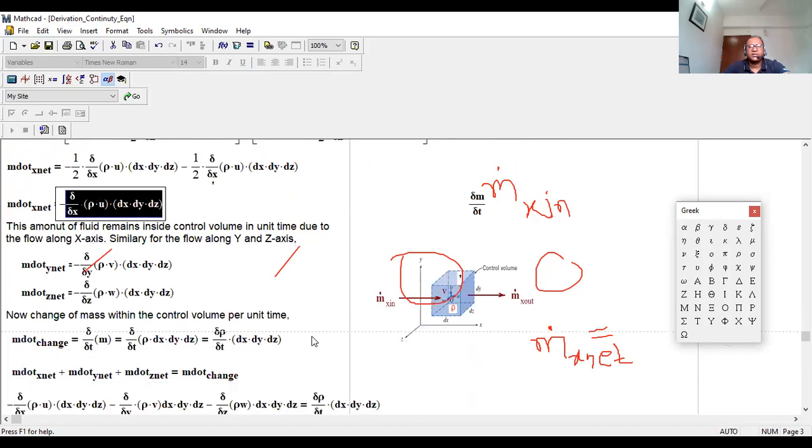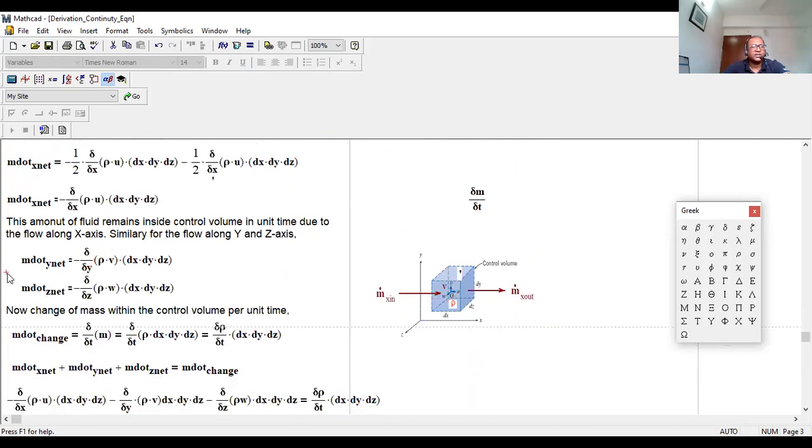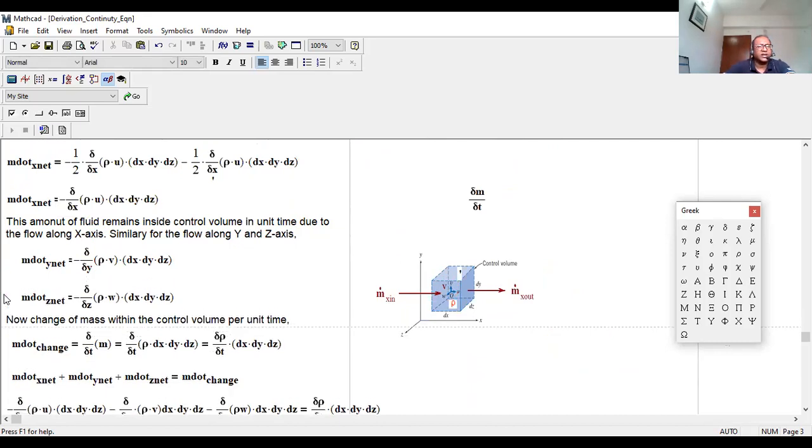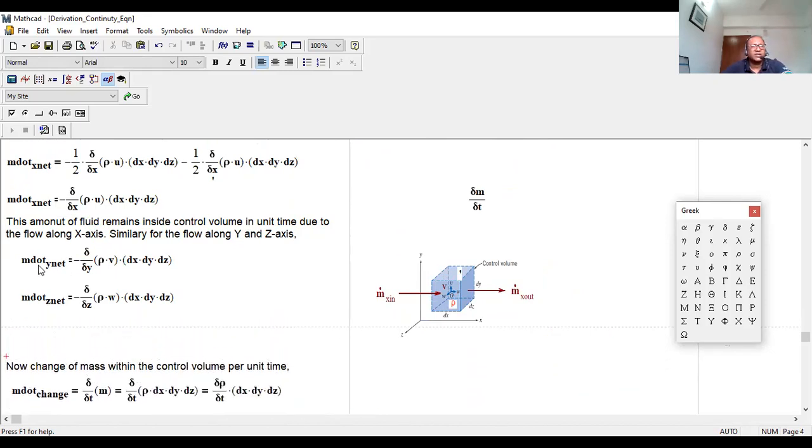Okay. Similarly, along the y-axis, you are getting this one. Or similarly, for m dot y net, we need to figure out.